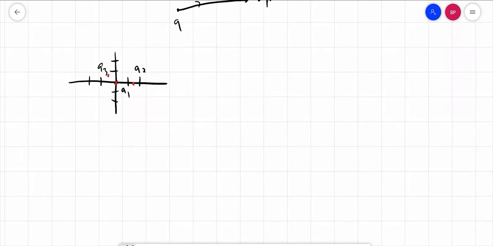Okay, and we want to know the force on charge 1. Well, the total force on charge 1 is the force on charge 1 due to charge 2 plus the force on charge 1 due to charge 3. So in other words, we only look at these 2 at a time and calculate the force, and then we add those together. So let's first find F21.